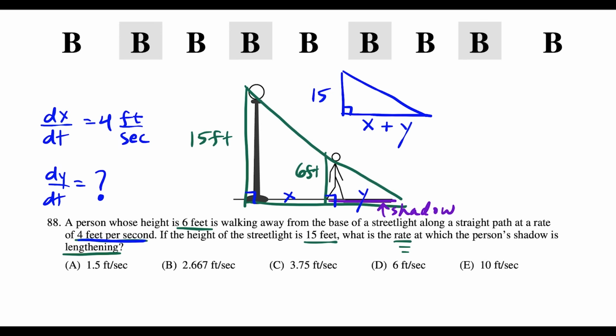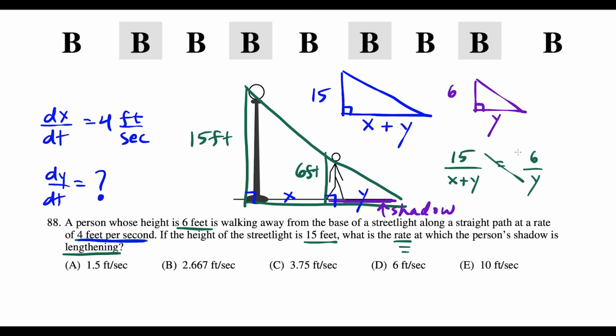And then the small triangle we would be looking at is the one formed by the man and his shadow, or the person. So here, what we have is the person's height is 6 feet and their shadow is y feet long. So now if we set up a proportion here, this is going to be 15 over x plus y equals 6 over y.